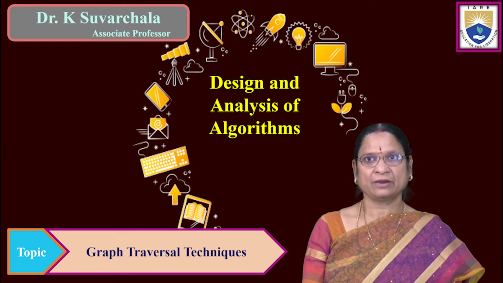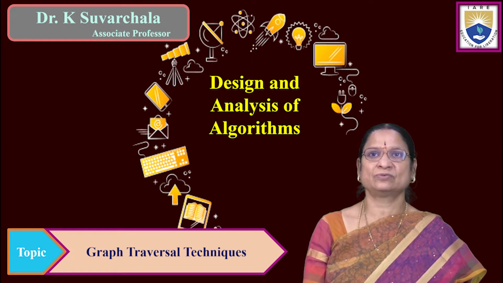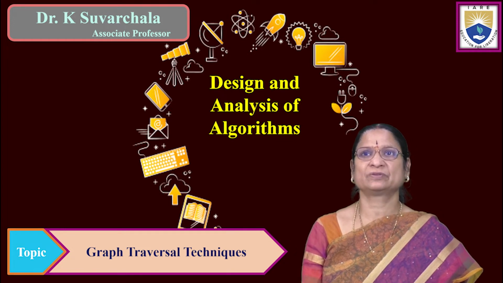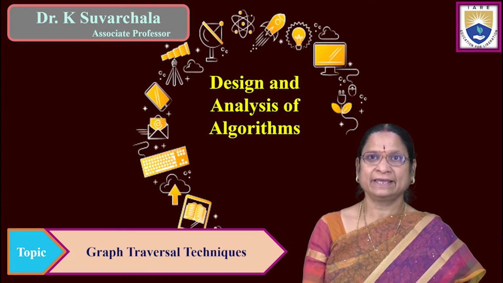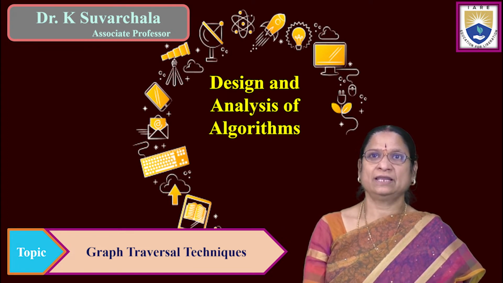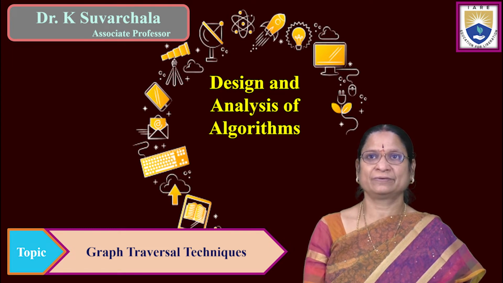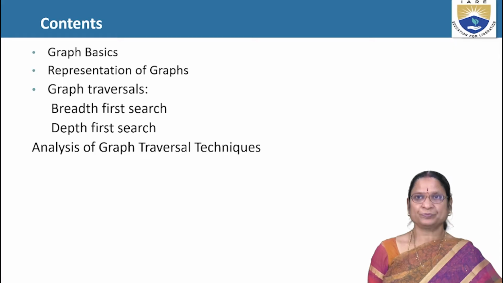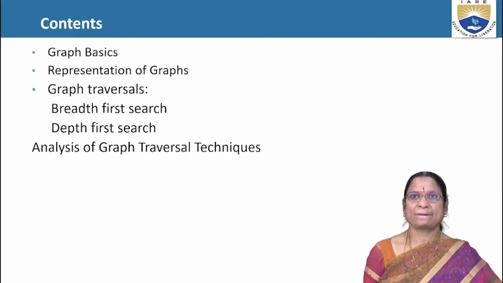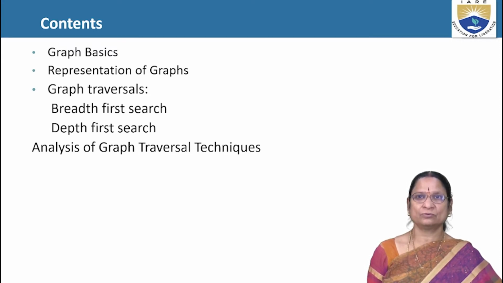In this video, I would like to explain the traversal techniques for a nonlinear data structure, the graph, and also analyze how the analysis varies based upon the representation of the graph. So we'll revise the basics of graphs, which most of us are aware of from data structures, the representation of graphs, and also graph traversal techniques.